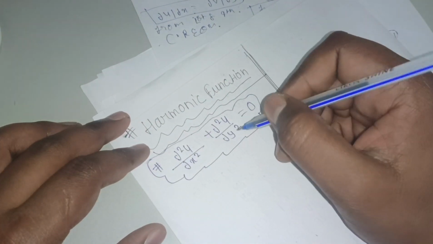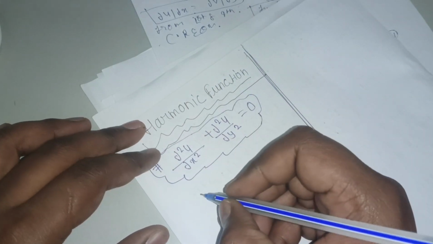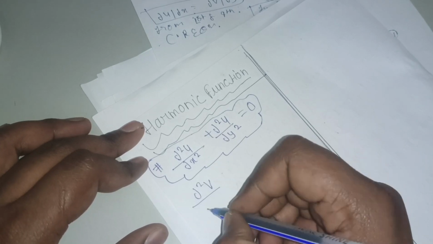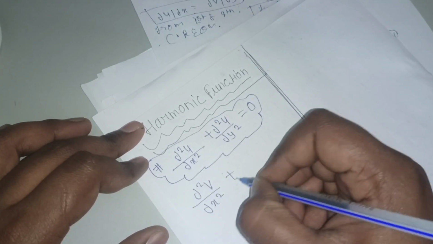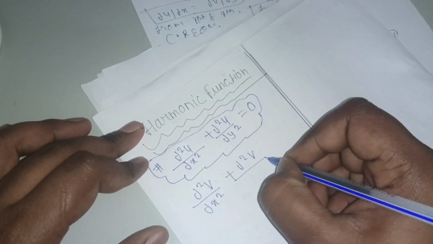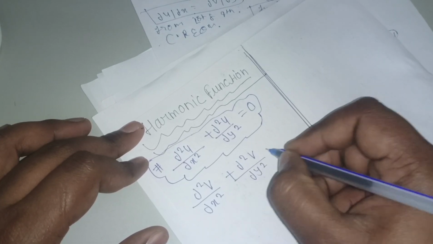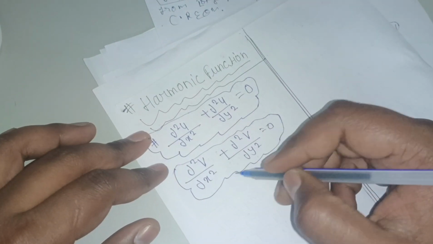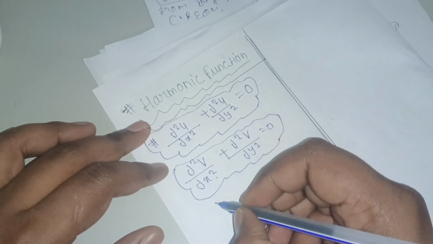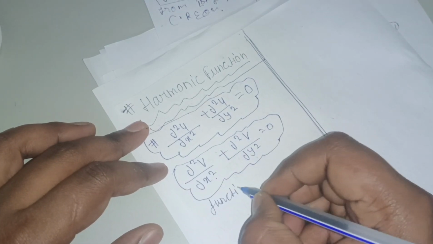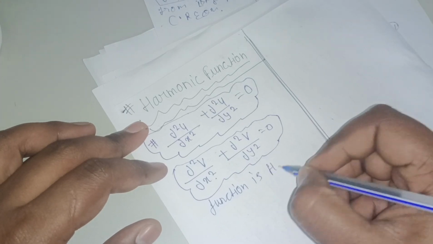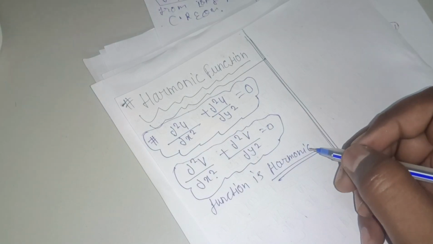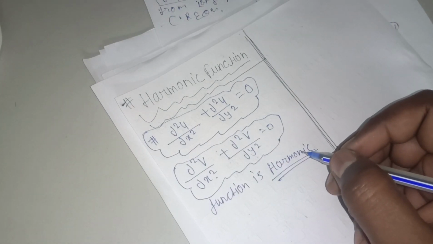And we can also write double differentiation of v with respect to x plus double differentiation of v with respect to y square is equal to 0. If this is equal to 0, then we can say the function is harmonic. Got it?